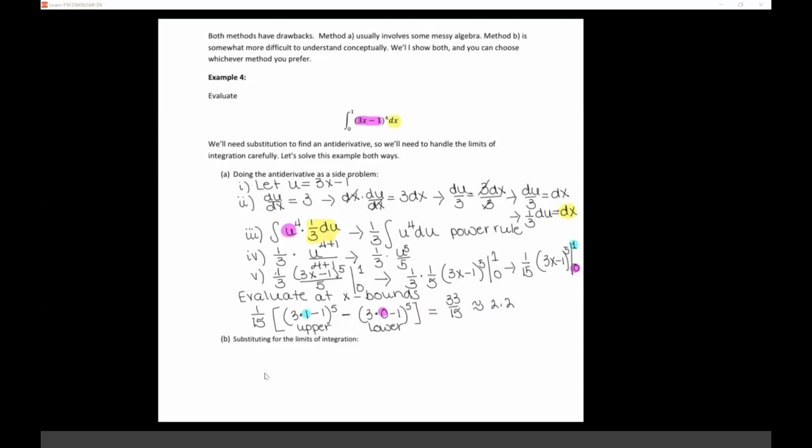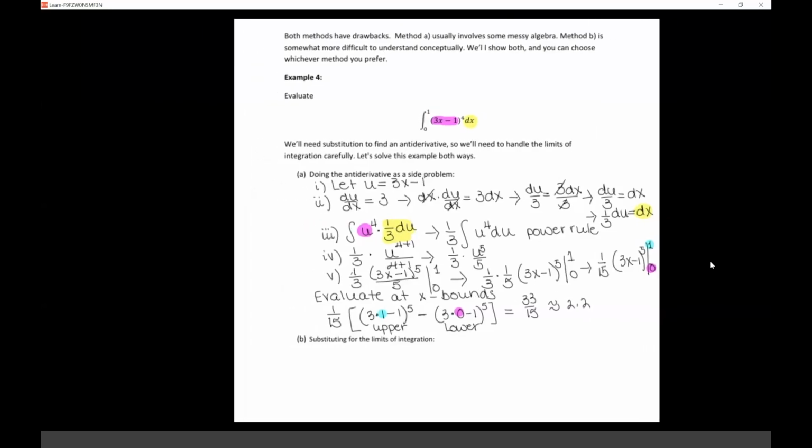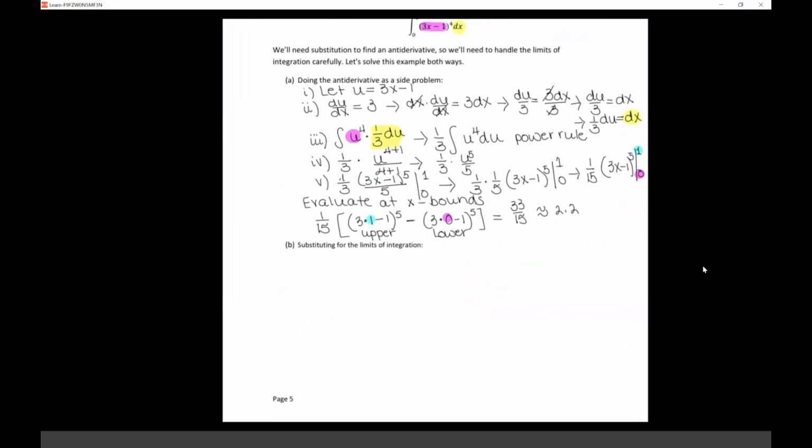Everybody okay with part A? So this is the method of leaving the x bounds alone and just doing the antiderivative as a side problem. Then you plug your x values back in and evaluate at the x bounds. Any questions on these?